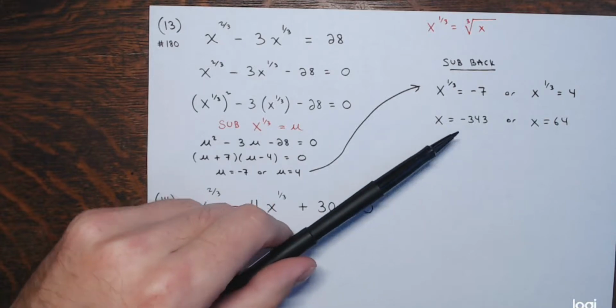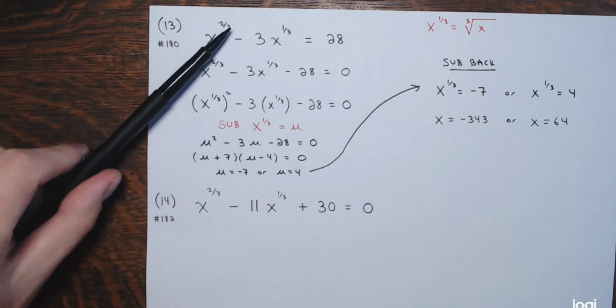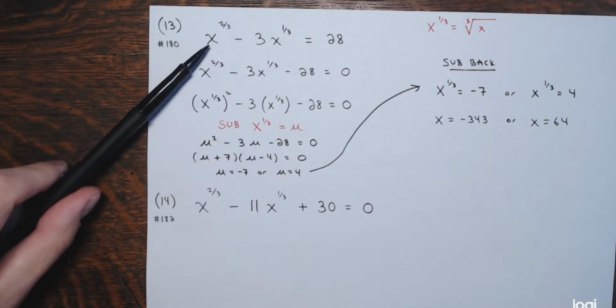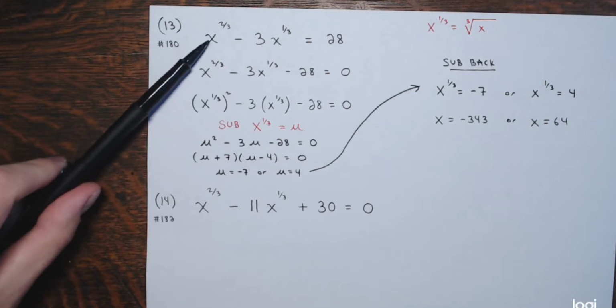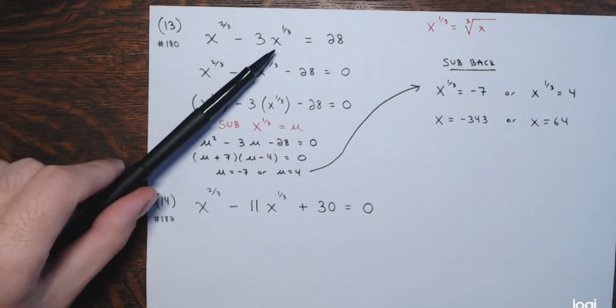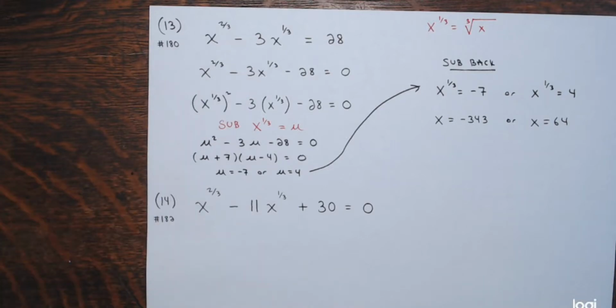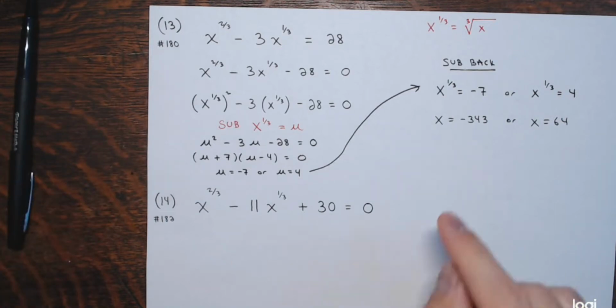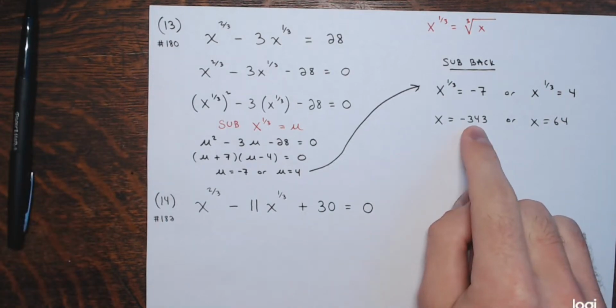Alright, so -343 for x. Cube root of -343 is -7. -7 squared is 49. So you have 49, and then plus 21. Doesn't look like that works. Alright, check it again. Yeah, -343.